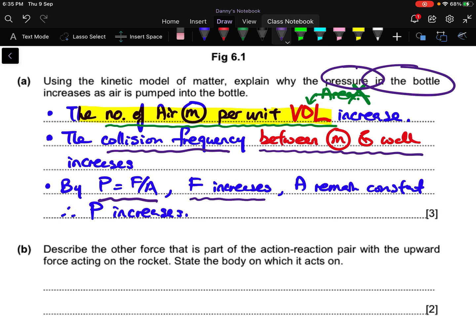Because collision frequency increases, your F will rise, because now you're colliding like 1,000 times per second. So obviously the average force will increase. Since the wall surface area, this A, refers to the wall surface area, is the same, as a result your pressure increases. Just these 3 points will get you the 3 marks.